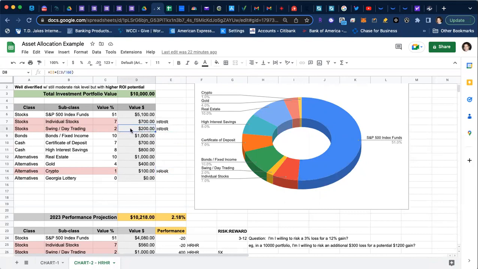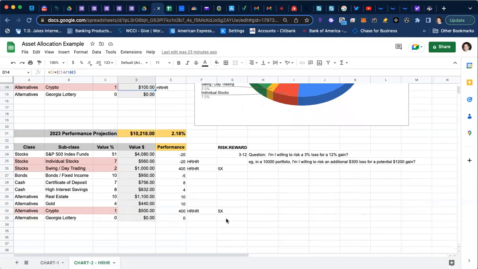I believe if I'm a good student and I'm able to execute everything that I've learned in day trading school, I should be able to take this $200 and turn it into $1,000. And the same thing for crypto. I'm expecting that this investment could be a 5x investment. Okay. Let's say that I'm right and that's exactly what happened.